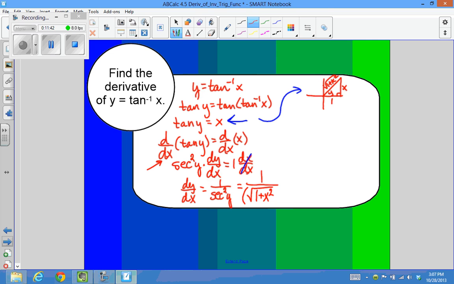This was secant squared, so therefore this is squared. And I get 1 over 1 plus x squared. That is my derivative. The derivative of the inverse tan of x is 1 over 1 plus x squared.